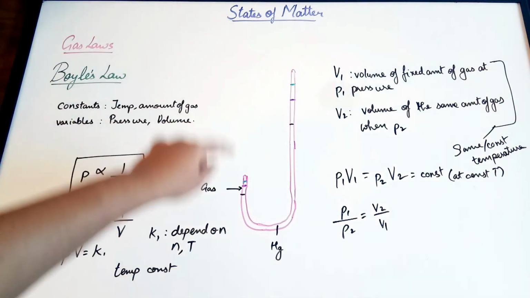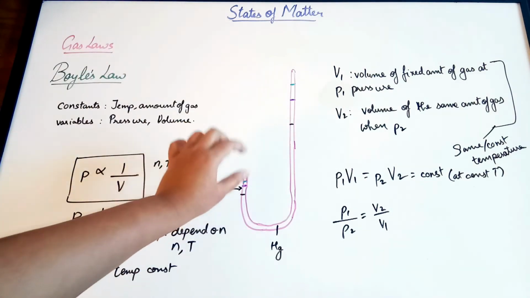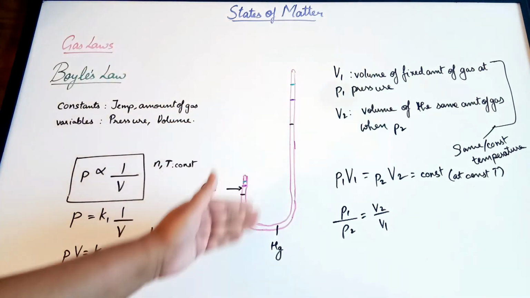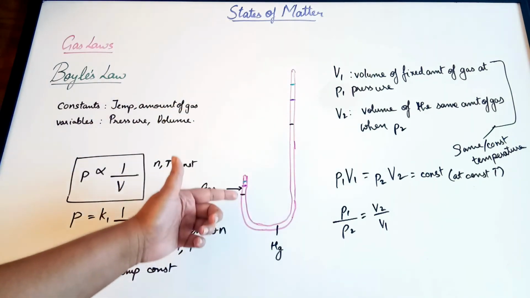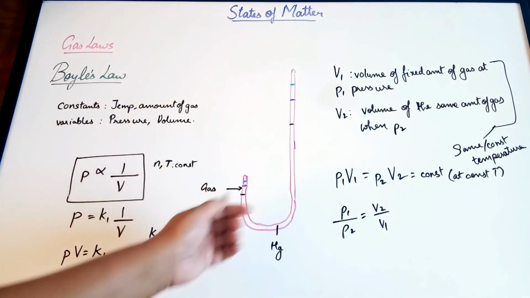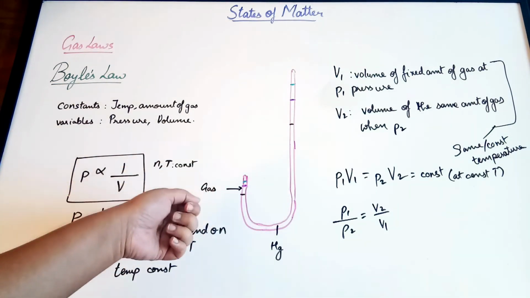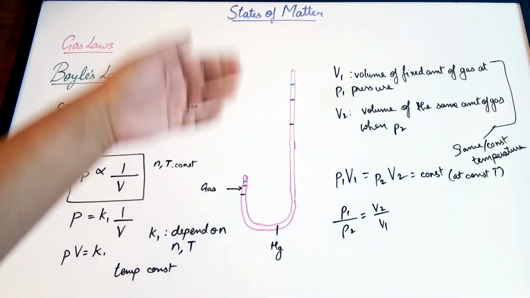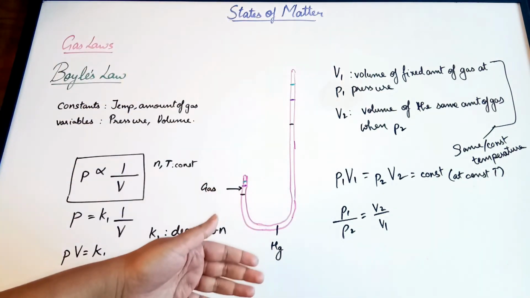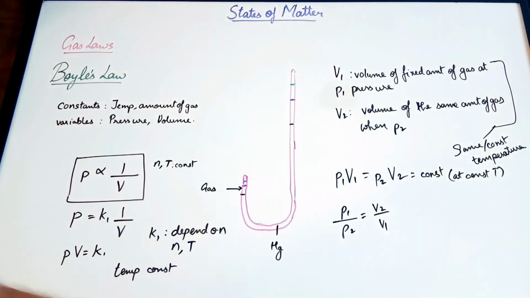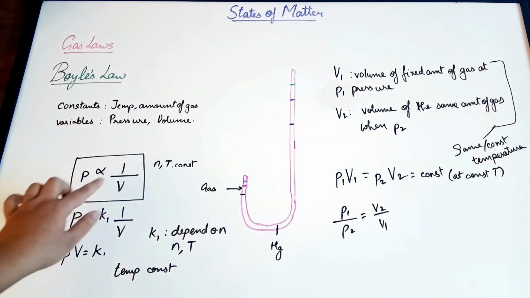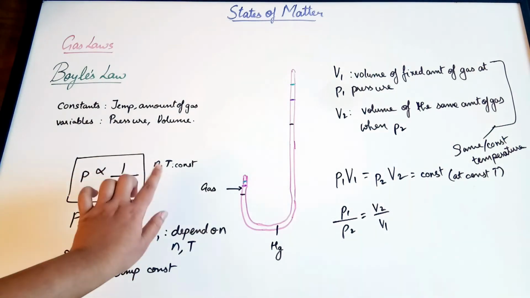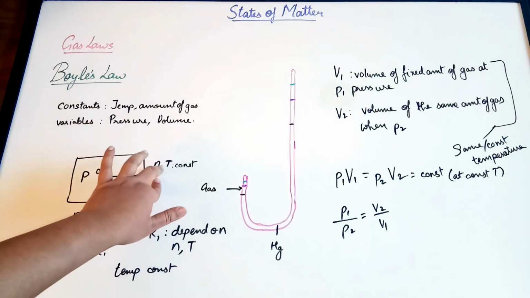He took a J-shaped tube with a fixed amount of gas and increased the pressure by adding some mercury. When he added the mercury, he noticed that as the pressure increased, the volume decreased. The more mercury he added, the more pressure was exerted and the volume decreased further. That is where he got the idea of pressure being inversely proportional to the volume at constant temperature and amount of gas.